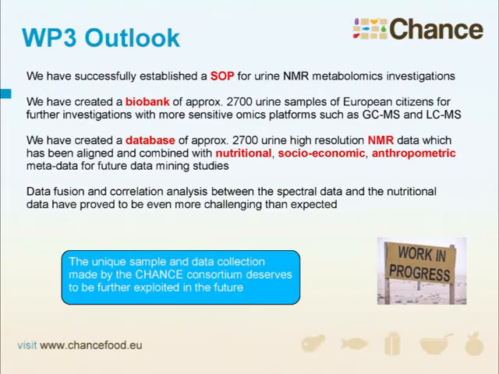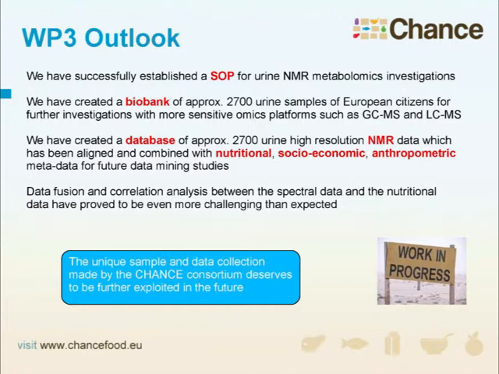If we take the outlook of our metabolomics work package, we have successfully established a standard operating procedure for urine collection and measurement, for different measurement sites and collection sites. We have created a biobank of approximately 2,700 urine samples of European citizens, which can be further investigated with more sensitive omics platforms.